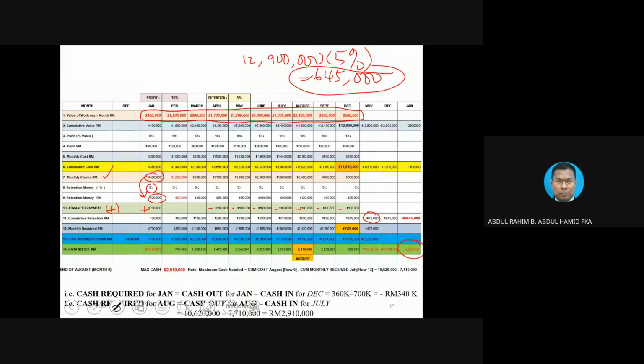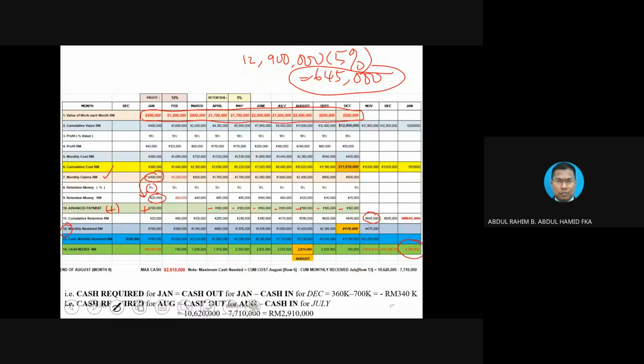Okay, then row number 12. Here, row number 12, now we are going to establish the monthly money received or paid by the client.